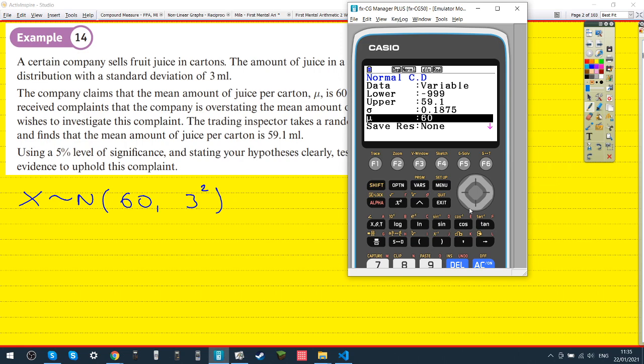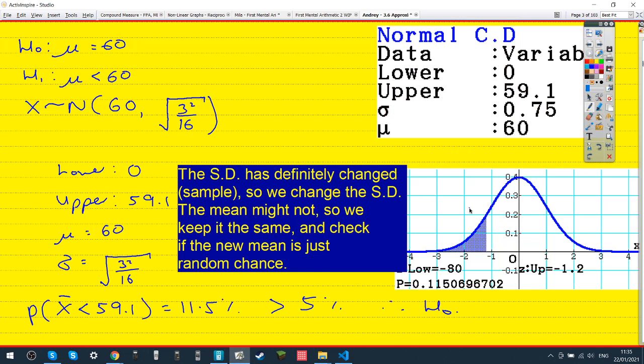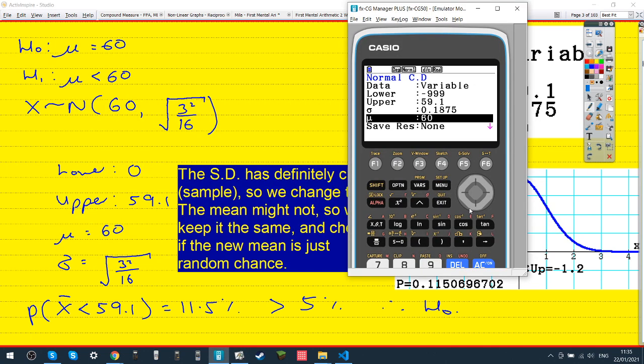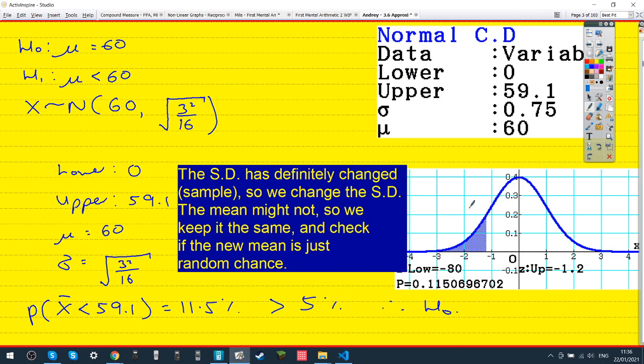So mean is 60, standard deviation... Where am I going wrong here? Oh, I did 15. It should have been 16.